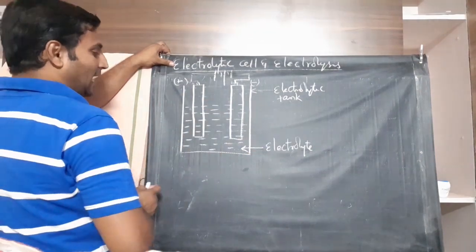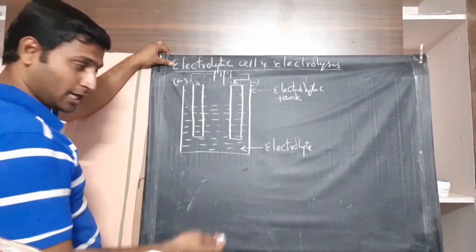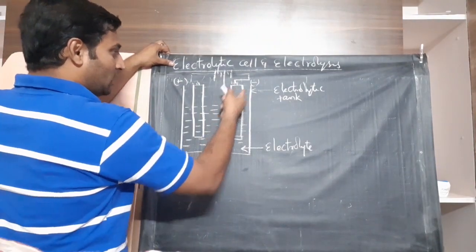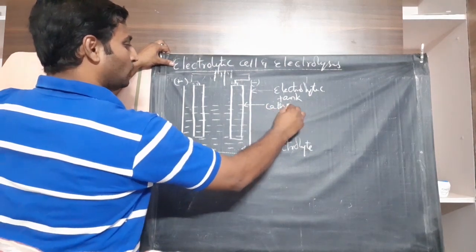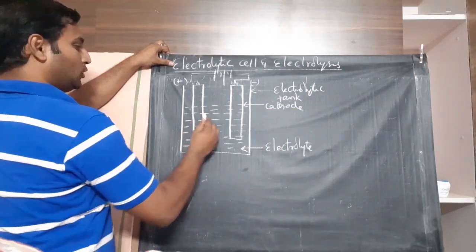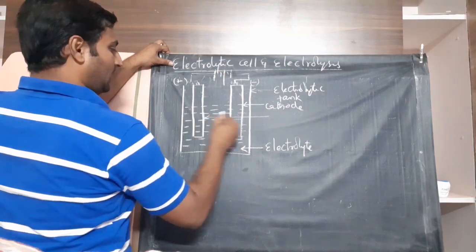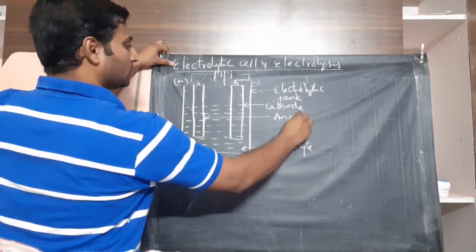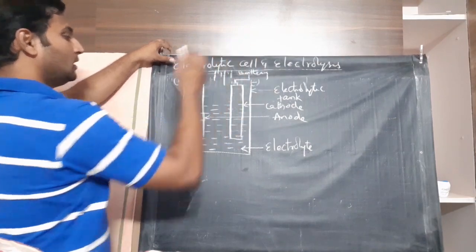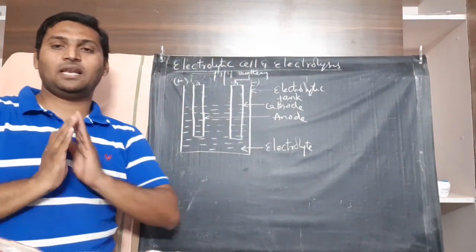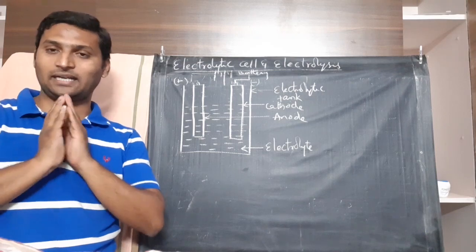Out of the two metallic plates, which are commonly called electrodes, the electrode connected to the negative terminal of the battery is called the cathode. The electrode connected to the positive terminal of the battery is called the anode. And this is of course the battery. This is the simple setup of an electrolytic cell.